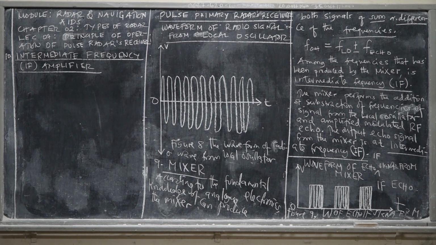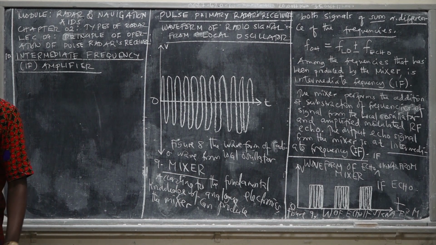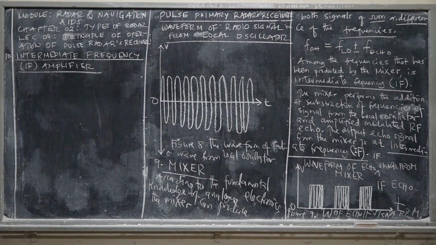Sophia? 2 signals. Geoffrey? 2 signals. Lillian? 2 signals. Hamza? 2 signals. Why 2 signals? Only 2 signals. Wonderful.